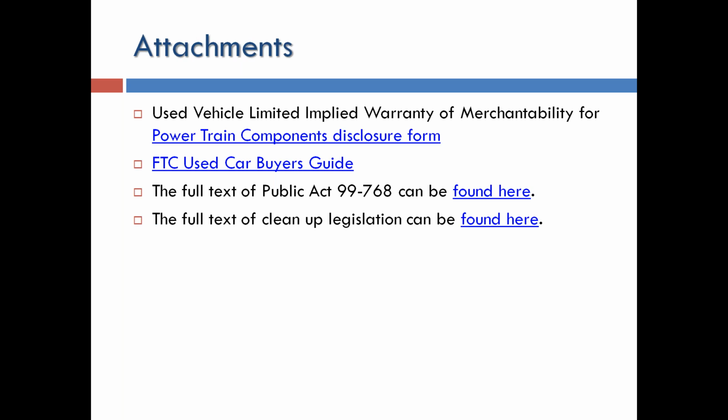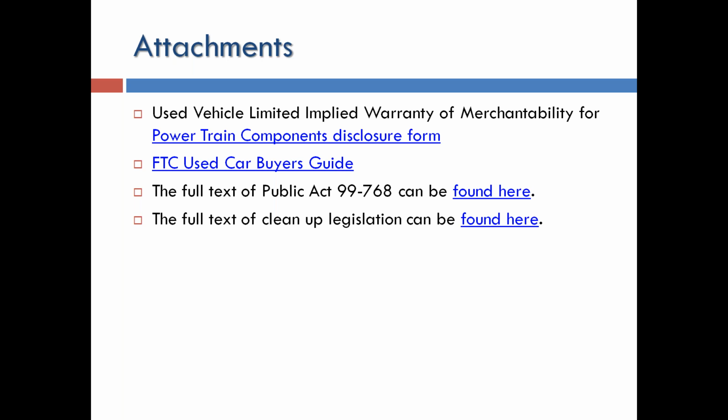Attached, I probably should have mentioned this at the beginning, are the disclosure form we discussed, if you don't have it on the buyer's order, and I still say the buyer's order is the best place to have it, but at least make sure you make the disclosure when you sell. An example of the FTC used car buyer's guide, and that was something that was created using the FTC's website, which isn't as good as the commercial forms, but at least it gives you an idea what it should look like.